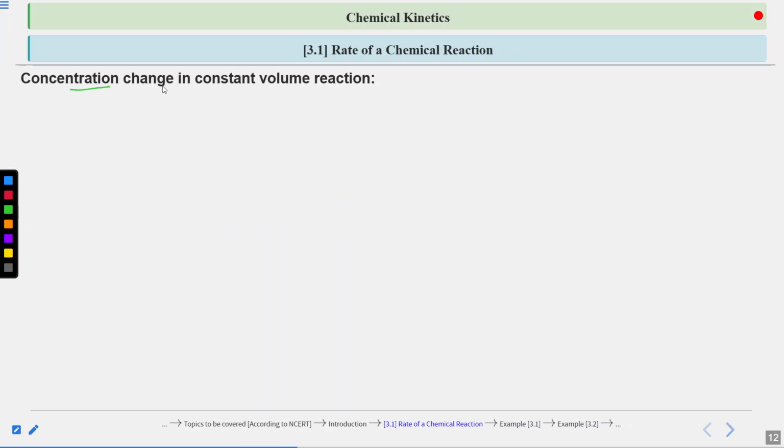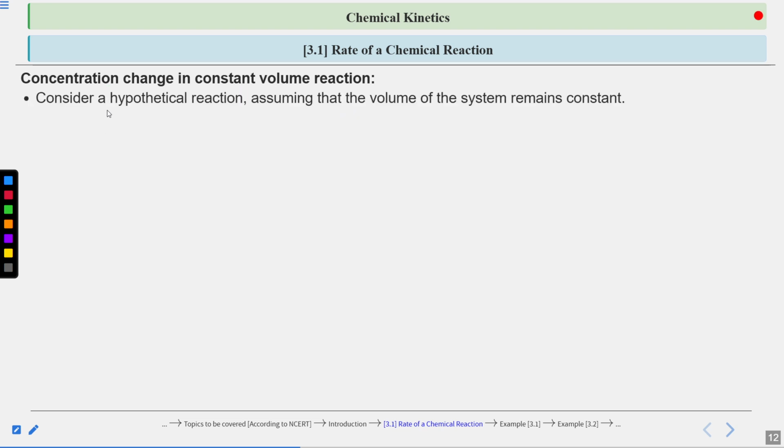Now, concentration change in a constant volume reaction. Consider a hypothetical reaction, assuming that the volume of the system remains constant. The system has a volume which remains constant. So, reactant is becoming the product.